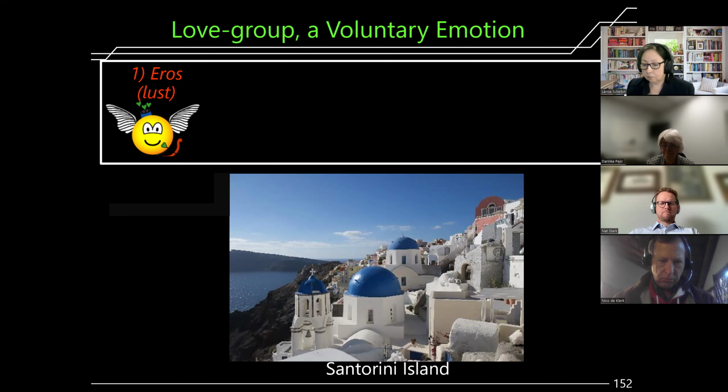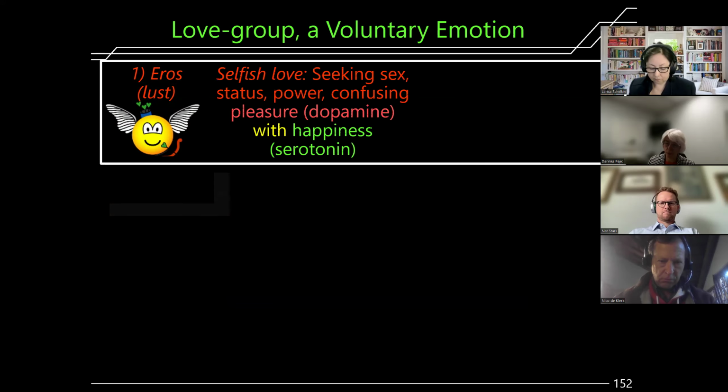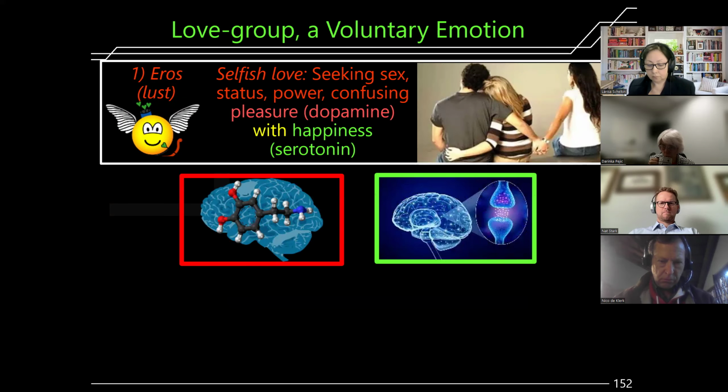So just for fun. Eros is selfish love, seeking sex, status, power, and I think it confuses pleasure with happiness. It's a dopamine thing. It confuses dopamine with serotonin, confuses pleasure with happiness.